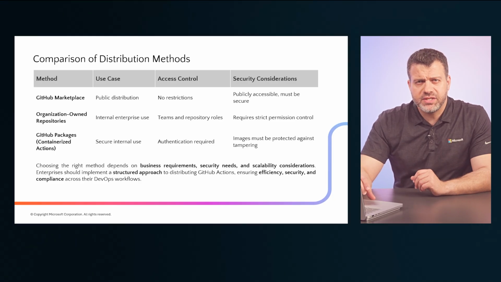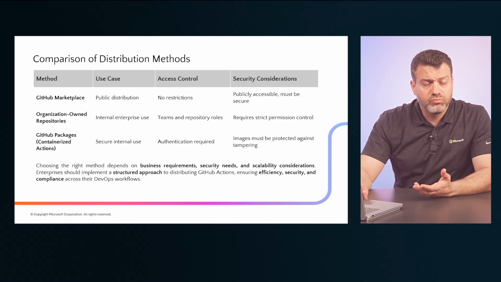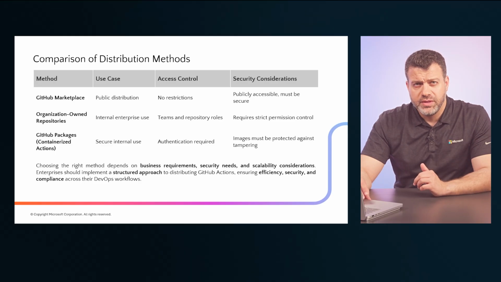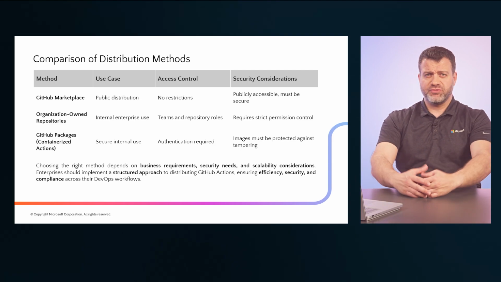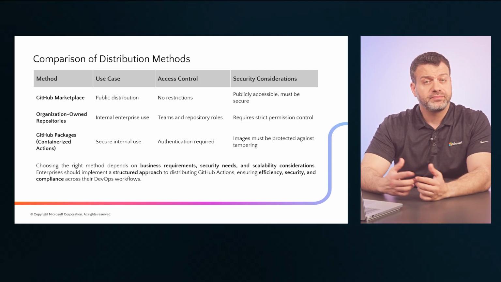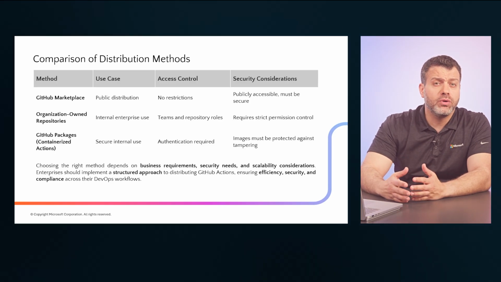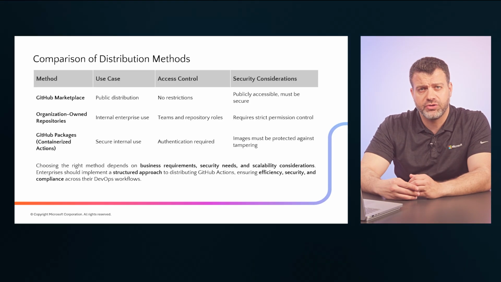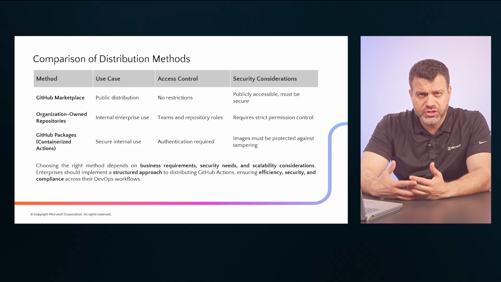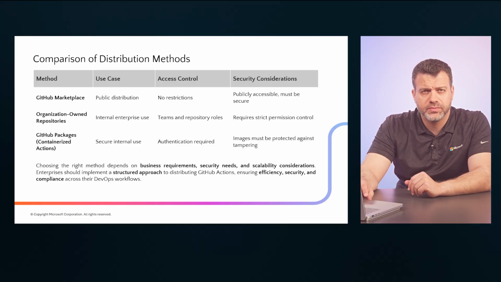Now let's compare these options side by side, so you know when to use each one of them. The simplest way to think about GitHub Marketplace is that it's best for public sharing and open source. Gives you the least control. Organization repository, on the other hand, is best for internal enterprise use. Gives you strong access control and is the most common approach.